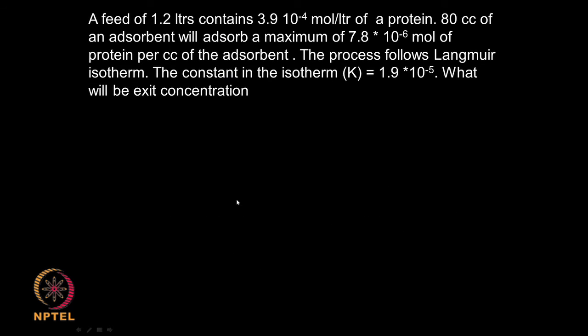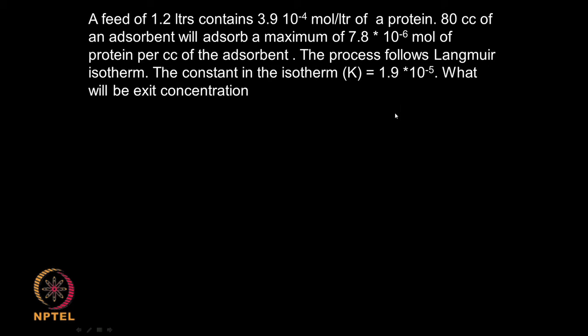Okay. Now, let us look at another problem. I have a feed of 1.2 liters, that is F, containing so much protein, that is my XF. I am adding 80 cc of an adsorbent, and I am saying it will adsorb a maximum of so many moles of protein. It follows a Langmuir relationship. So, you know the Langmuir relationship, right?